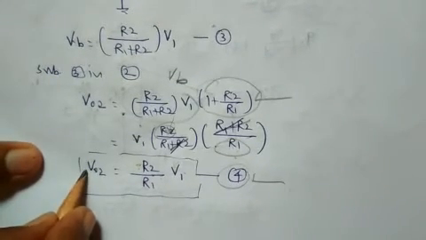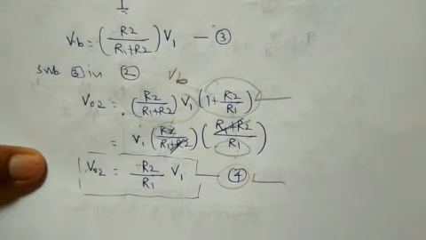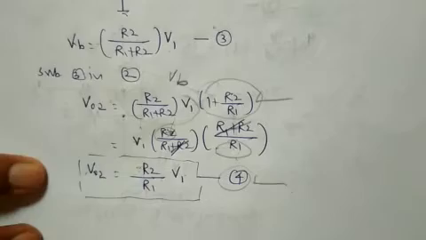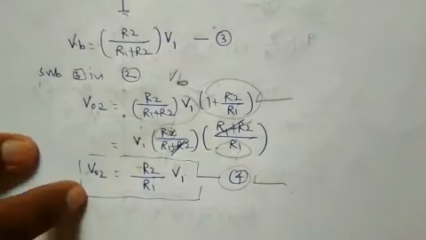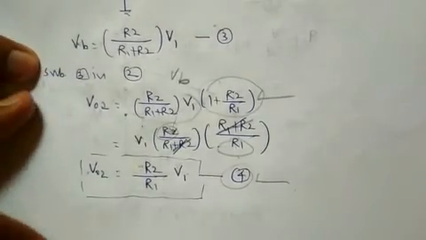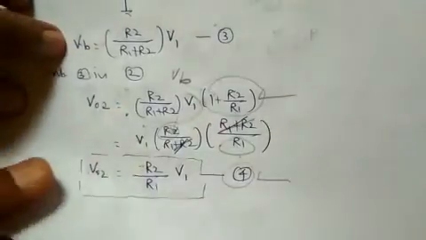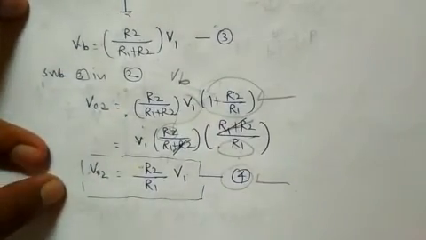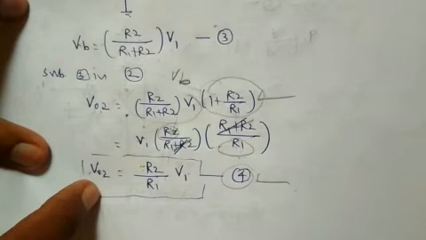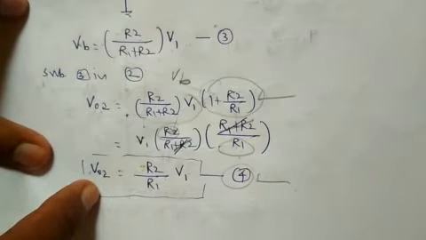Now Vout2 is the output of the non-inverting amplifier, and actually it is a differential amplifier, considered as a non-inverting amplifier. So already we have found an equation by considering this differential amplifier as a pure inverting amplifier, that is Vout1, which is minus R2 by R1 into V2.